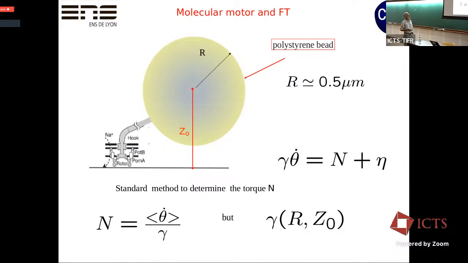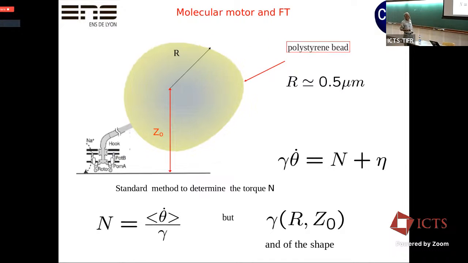There is also the shape: we assume it is spherical, but of course a polystyrene bead is not necessarily spherical. So you have a lot of errors in estimating these things.